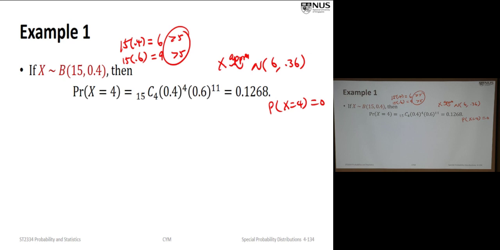Then, based on the normal distribution, what is the probability of X equal to 4? I mentioned that for a continuous distribution, X equal to a certain value has probability 0. Then is the answer 0? So that leads to something called continuity correction.